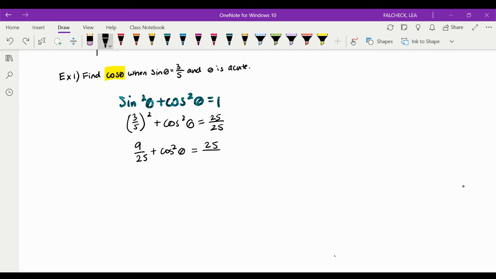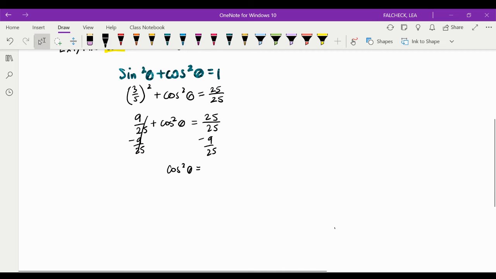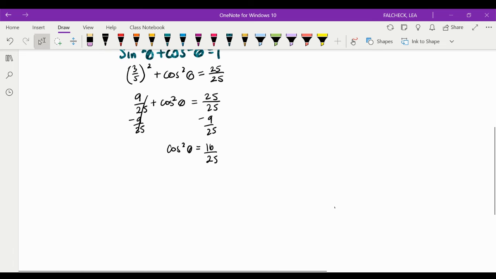So I'm going to rewrite this as something that I can add or subtract very easily. And I would get 16 over 25.